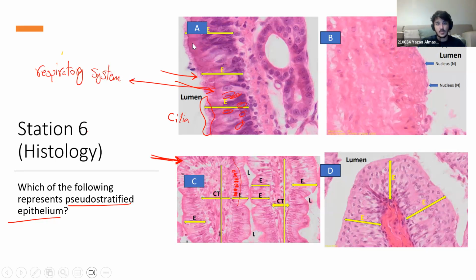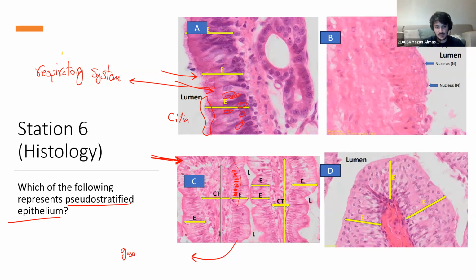Right. Now I'm going to go through one by one, just to make sure every picture is clear. So this one is simple columnar epithelium with microvilli. So where do we find this? Gastrointestinal system. So if they say like duodenum, not the stomach, sorry, duodenum, like small or large intestine, basically.